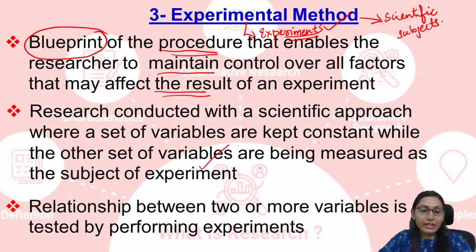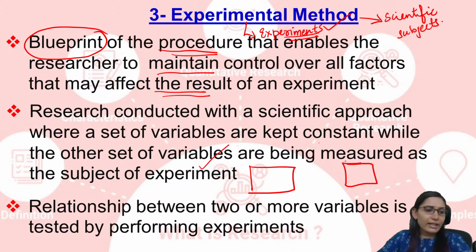So in the case of experimental method, there are two sets of variables. One set is kept constant, whereas the other set of variables is being measured as the subject of experiment. That is, constant and experiment.